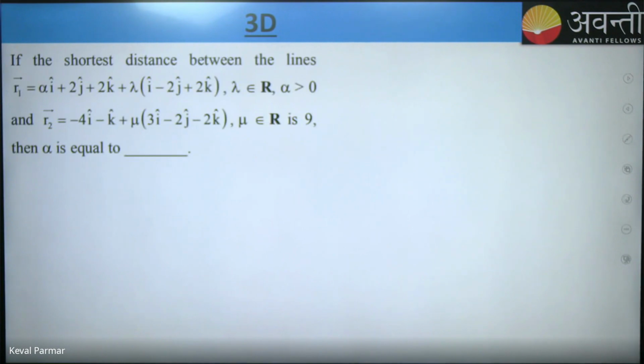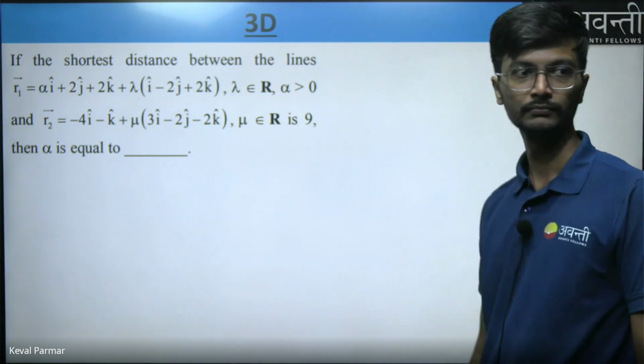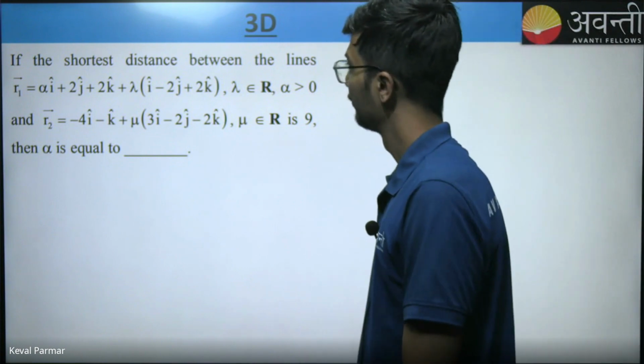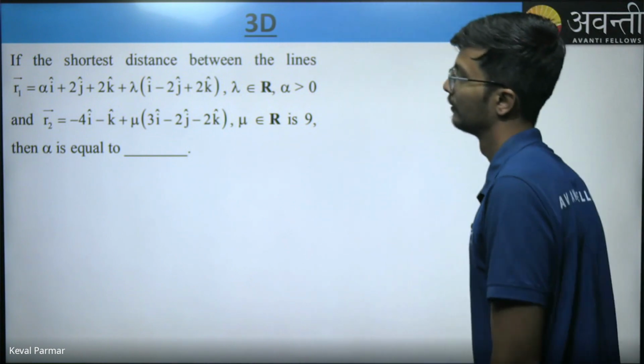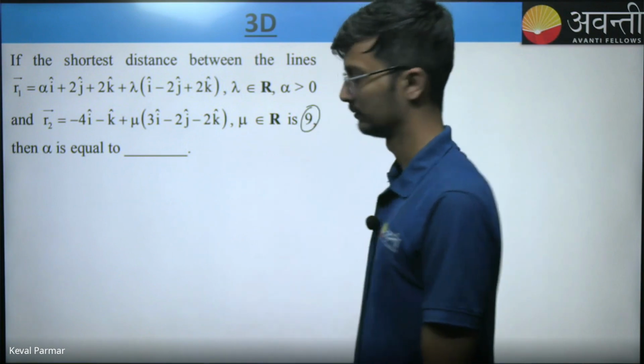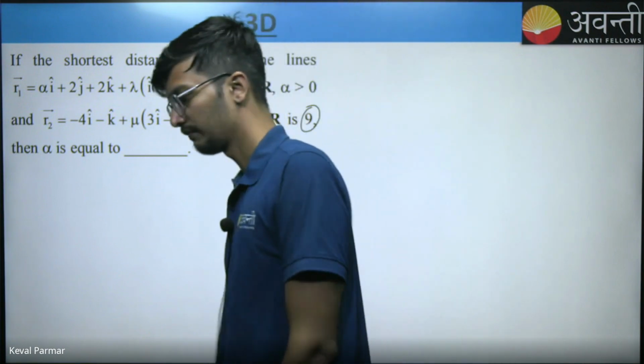See, the first question is on shortest distance. The shortest distance between the lines is 9. Then we have to find the value of alpha.